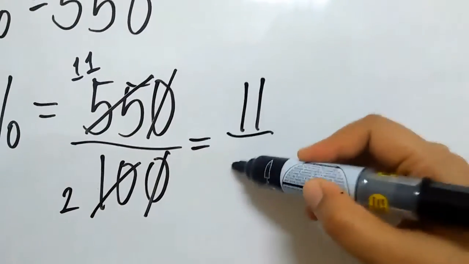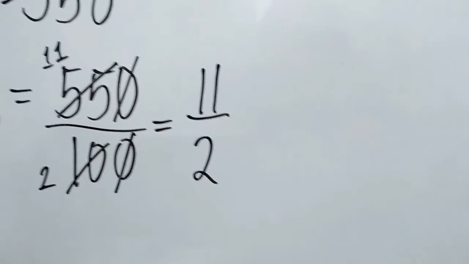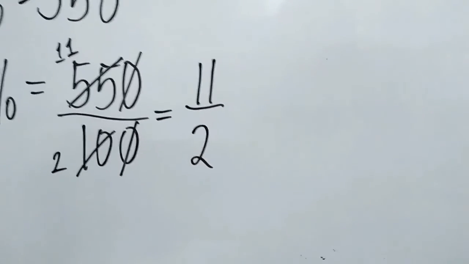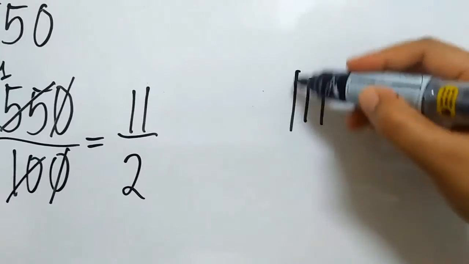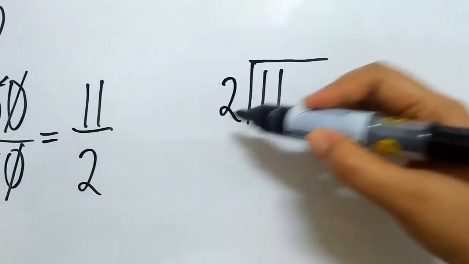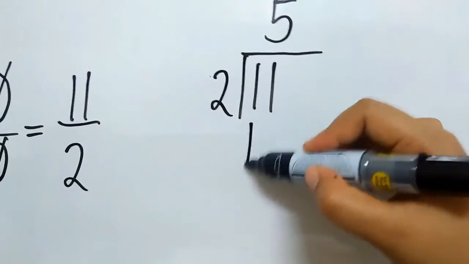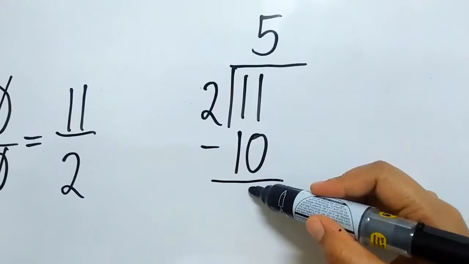So we have 11 over 2. This fraction, we're going to make into a decimal so that it's easy for us to apply in the next step. If we divide 11 by 2, it is equal to 5. 5 times 2 is 10. Subtract, we have 1.